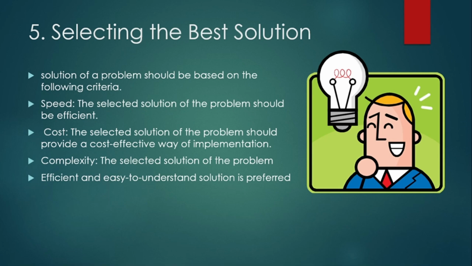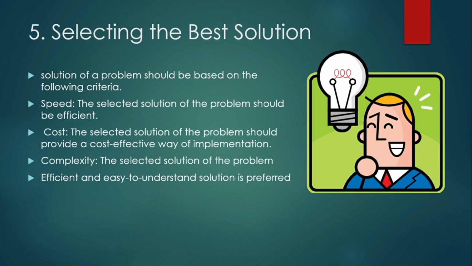Finally, the fifth step is selecting the best solution. After finding the candidate solutions, only one solution can be selected. The selection of a final solution of a problem should be based on the following criteria. Number one, speed. The selected solution of a problem should be efficient.